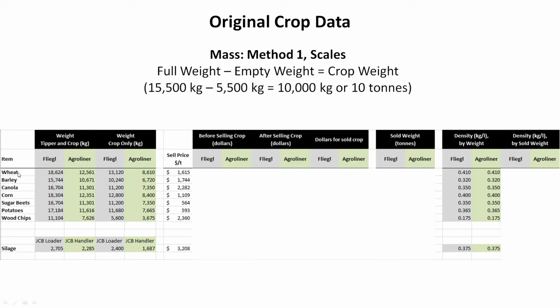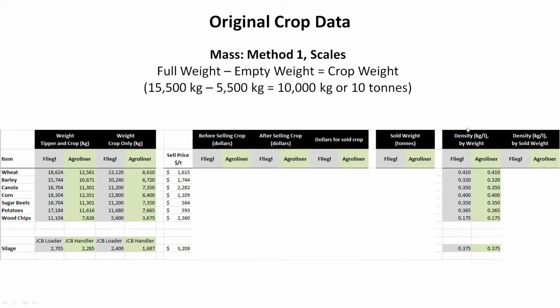So tipper and Flegel wheat. Down here we have silage, the 4,600 bucket and the 6,500 liter bucket. So we weigh it with the crop in it, get rid of the crop one way or another, and do the subtraction. And here is the weight of the crop only.